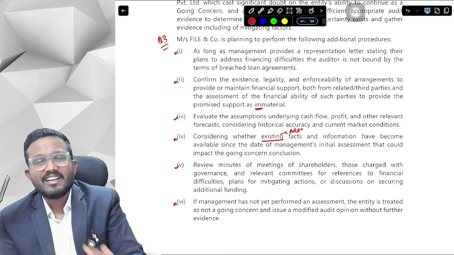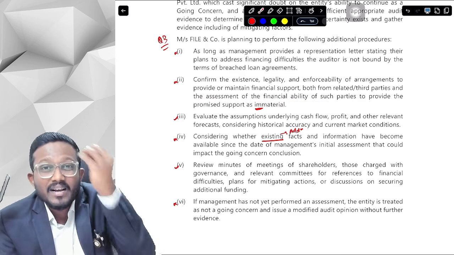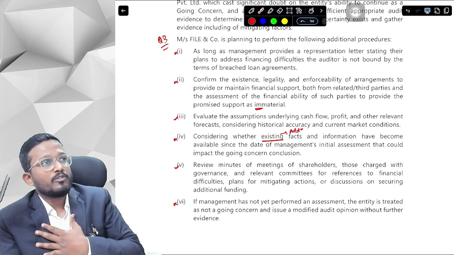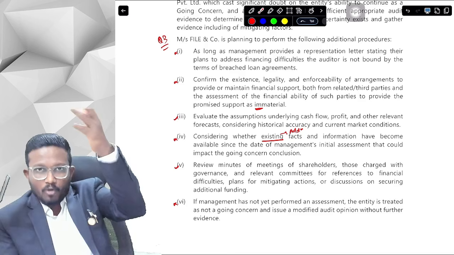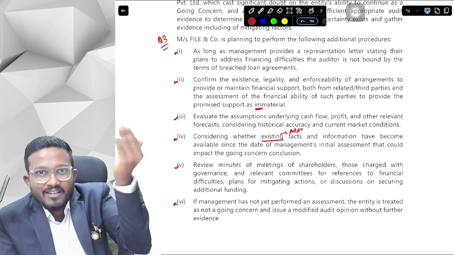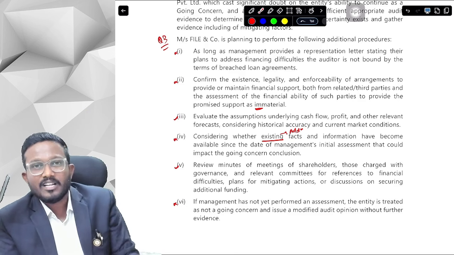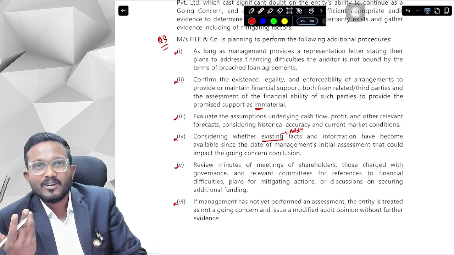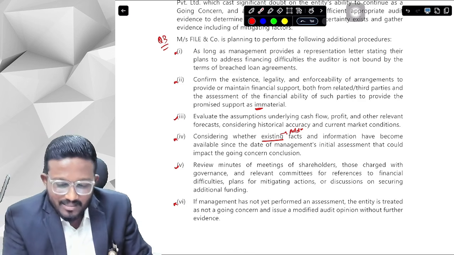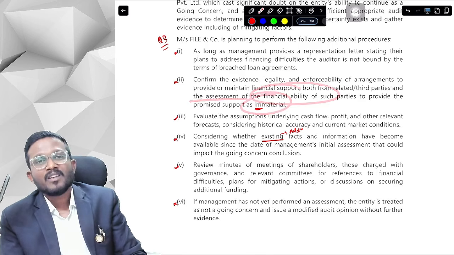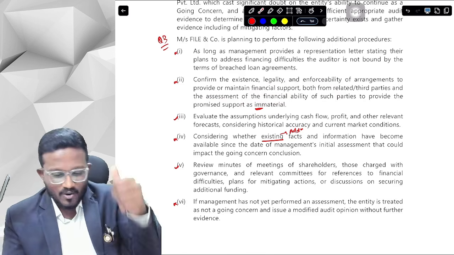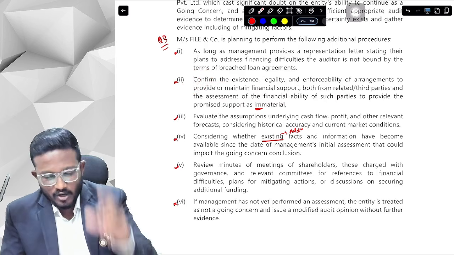No, beta, this is material. You need to assess. So I am saying that I will be able to support the entity for 1,000 crore. The auditor should check whether I have the ability to pay 1,000 crore. I don't have 1,000 rupees in my pocket, and I'm saying I will provide the financial support for 1,000 crore. So it should not happen. Therefore, it is material to check the assessment of the financial ability of the parties also. Okay, yes sir, this procedure is also wrong.